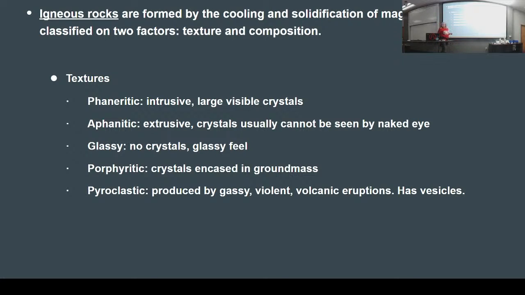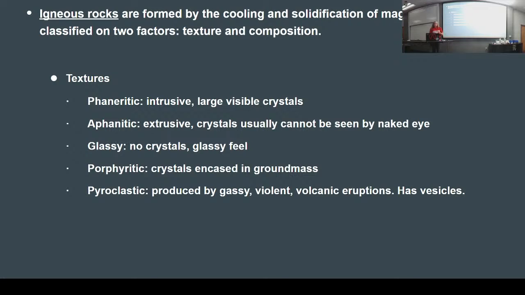And then the glassy texture, I'll pull you up some examples here in a minute. The glassy texture is really fast. It's extrusive and it gets out of a volcano really fast and cools really quickly. One of the key things I want you to note is that if you are being asked how it is cooling, texture is where you need to look.